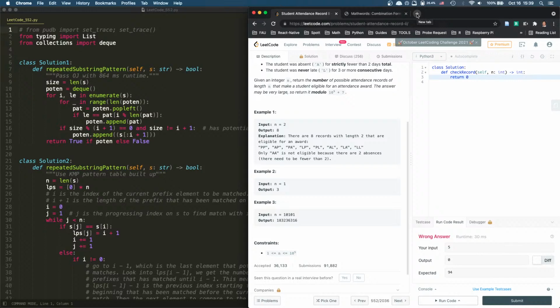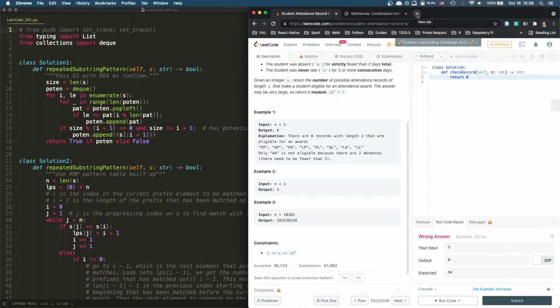And LL, if it's LL, we need to go further up, right? But further up, we're going to say it's either P or A. That's why the last two. Therefore, these are the three scenarios that we have to consider.